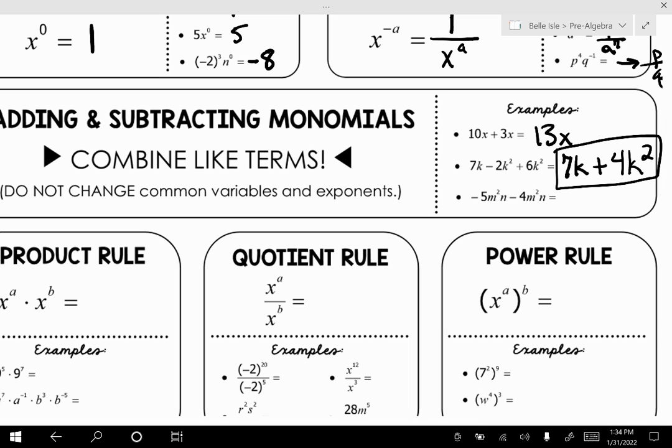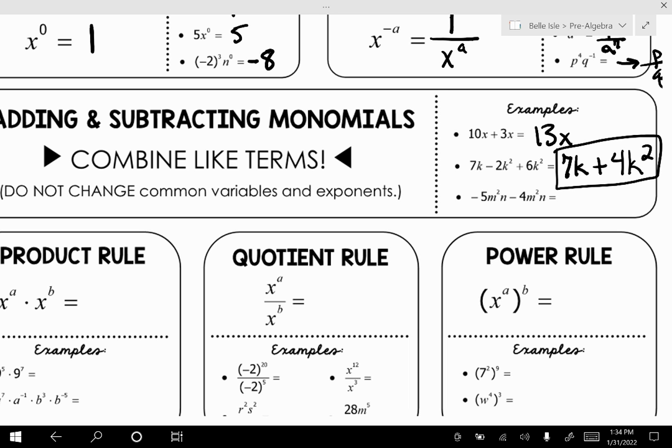Okay, then we have negative 5m squared n minus 4m squared n. Can we combine those? Do they have the exact same variables and exponents? Yes, they do.